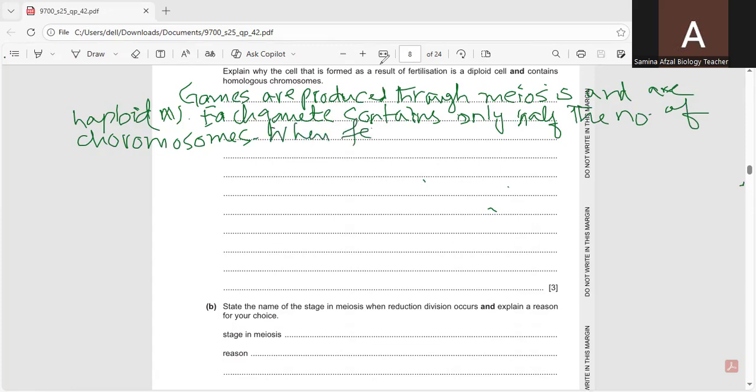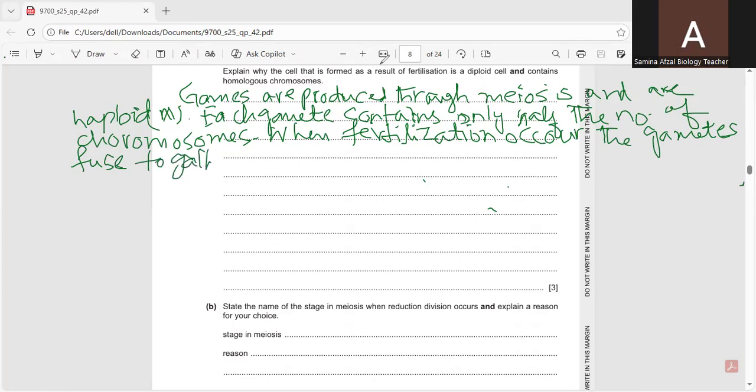When fertilization occurs, the gametes fuse together and give rise to a zygote, that is n plus n, they will change into 2n.